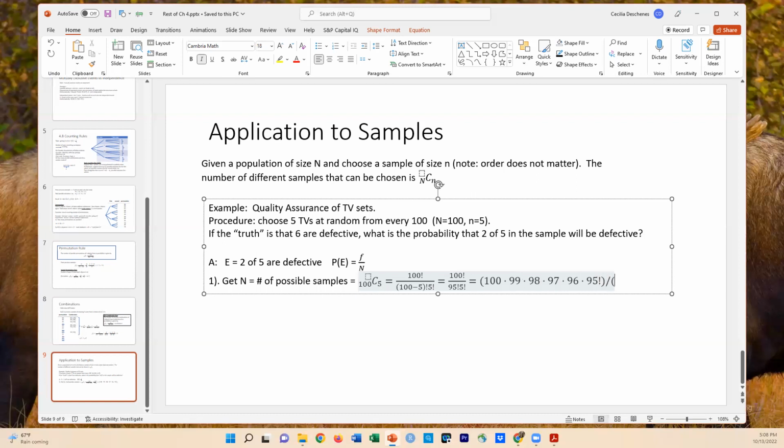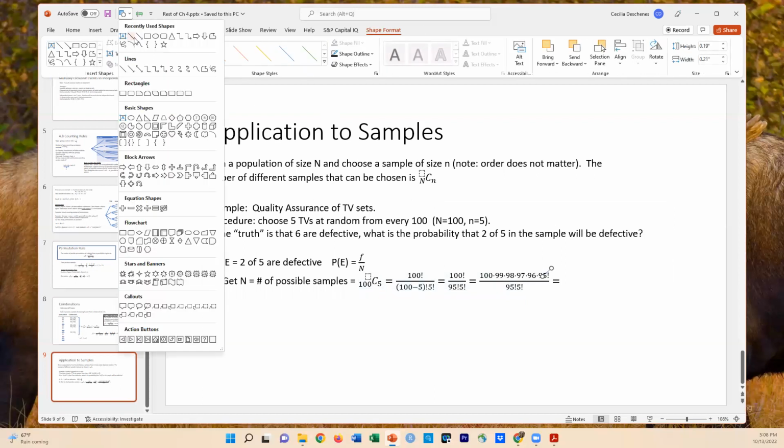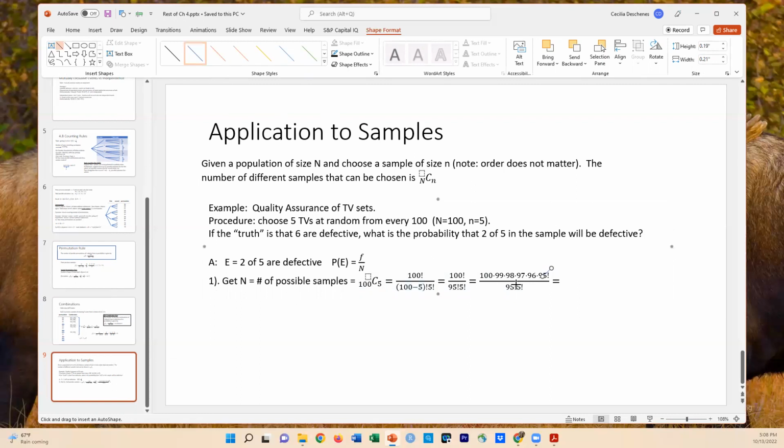Okay, and then in the denominator, we have 95 factorial and 5 factorial. So the 95 factorial and the 95 factorial cancel out, right? Same thing, top and bottom.